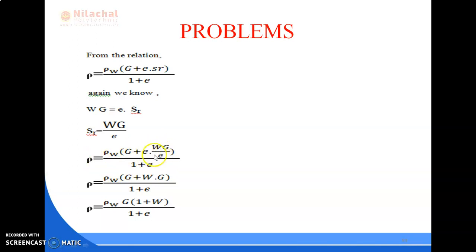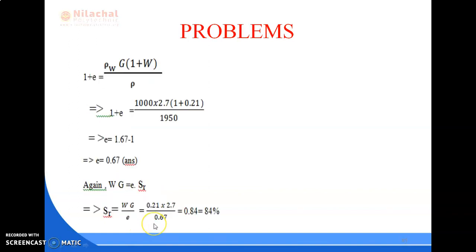The e cancels. So next is rho W into (G plus WG) by (1 plus e). Here we take G common, so rho equal to rho W into G (1 plus W) by (1 plus e). From that we have to find out e.